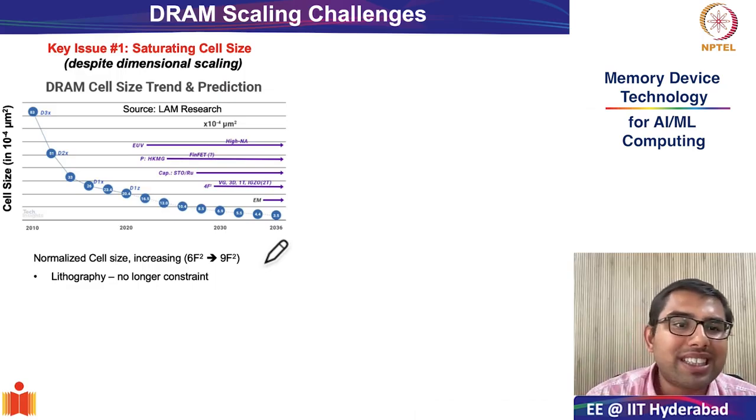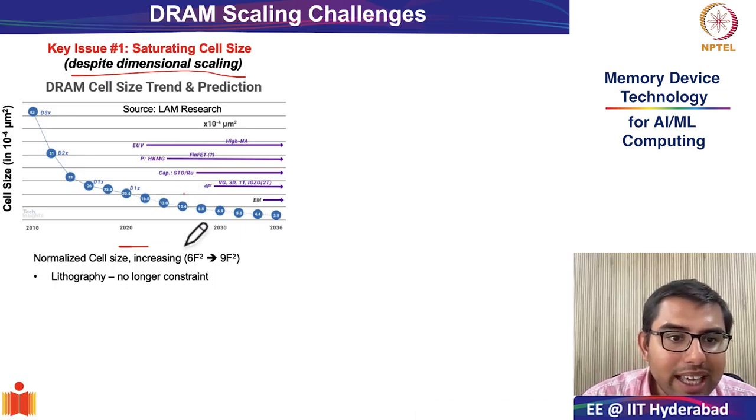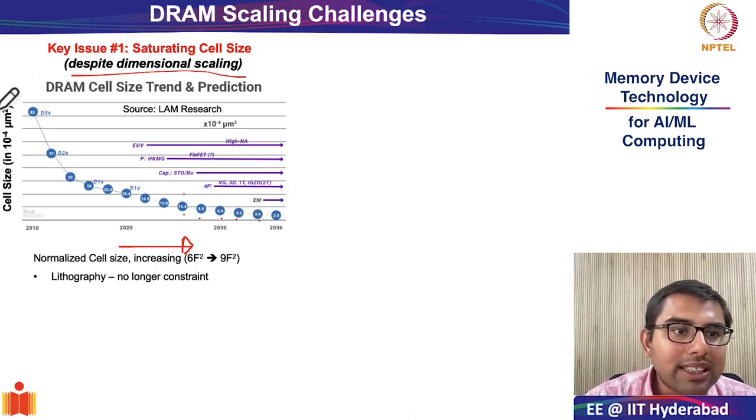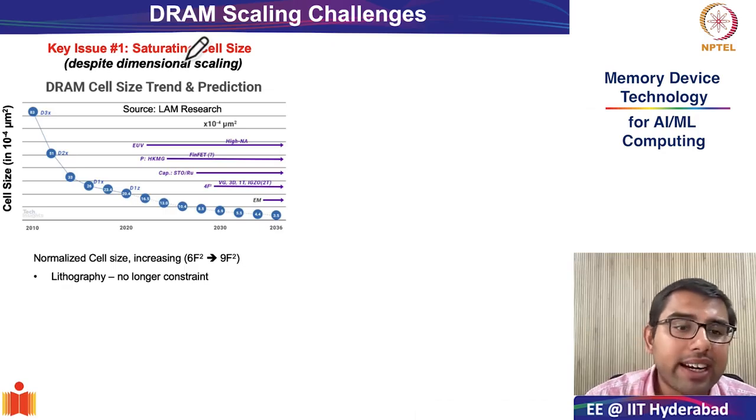The problem is that despite dimensional scaling, which means you are able to indeed reduce the size, as you see, the x-axis is years, and in these circles you can see that the smallest feature size F is indeed reducing as the years pass by. But the problem is what is happening in the y-axis, which is your cell size. The cell size is saturating. So the saturating cell size, despite dimensional scaling, is a very big issue. And today we will discuss why that is happening.